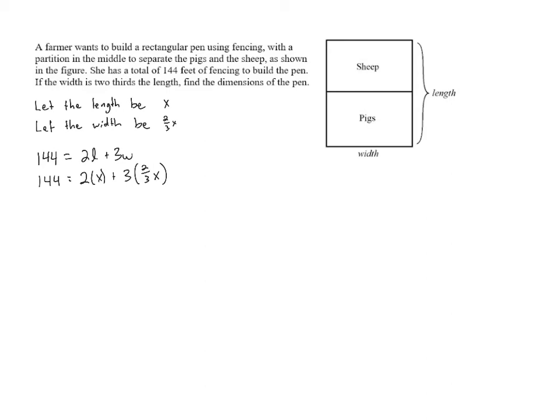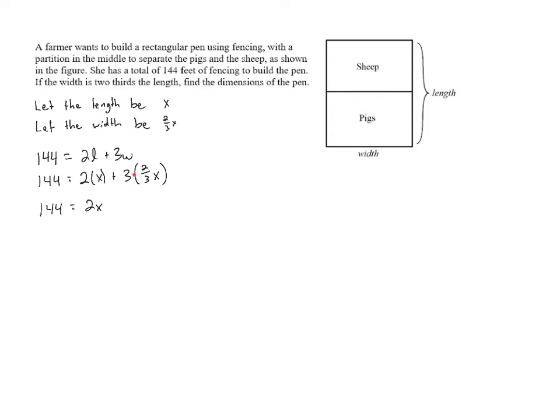Now, 2 times x is just 2x. Now, for this other one, we're not distributing. Some students see this and think, oh, we've got to distribute that 3 to the 2/3 and to the x. However, there's no addition or subtraction here. This is all multiplication, and we can choose to multiply in any order.